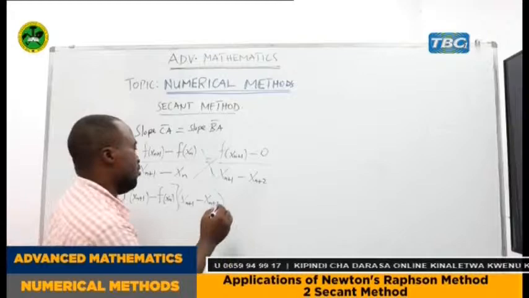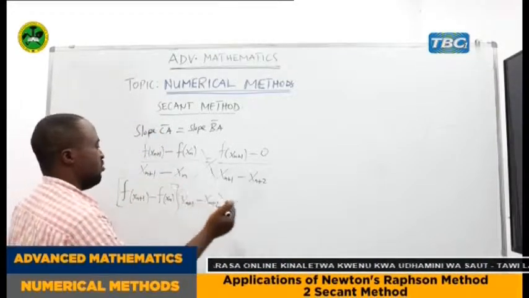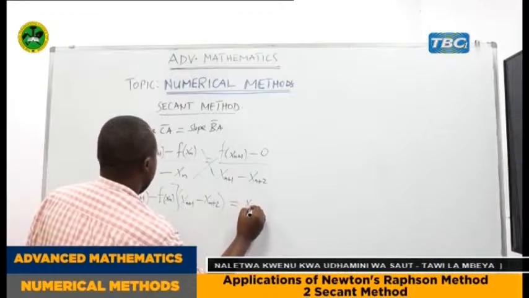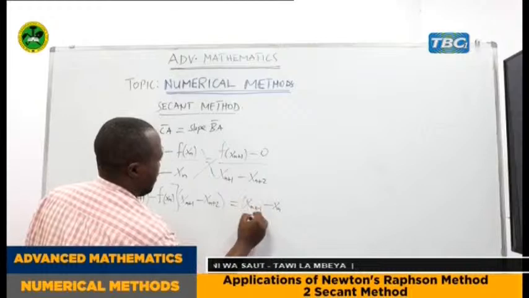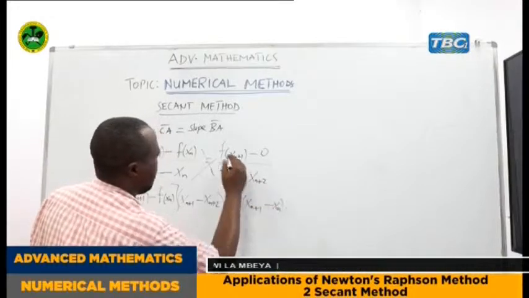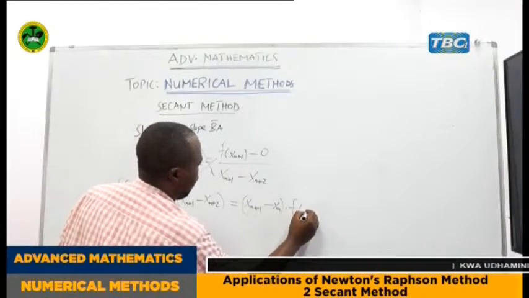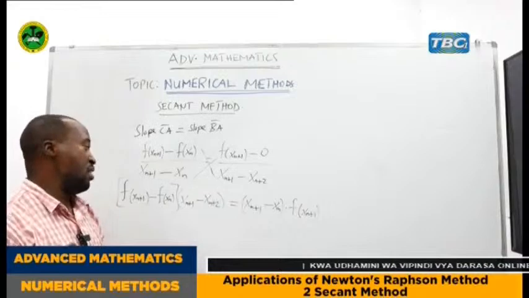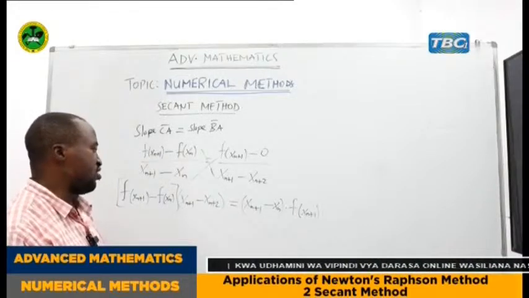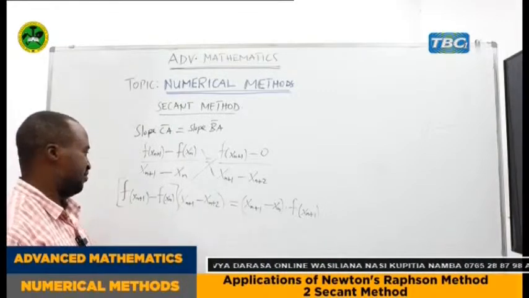So this is equal to, then again we have xn plus 1 minus xn times the function f of xn plus 1. Remember, our interest is to make xn plus 2 the subject.